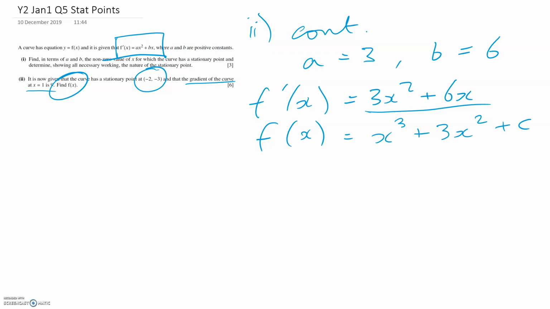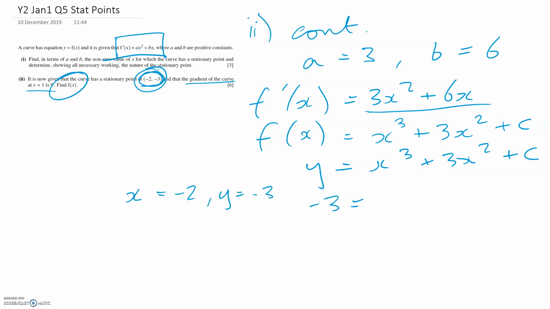Now, in order to work out what c is, we can substitute in this coordinate. So if we call this y equals x cubed plus 3x squared plus c, we know that when x equals minus 2, y equals minus 3.